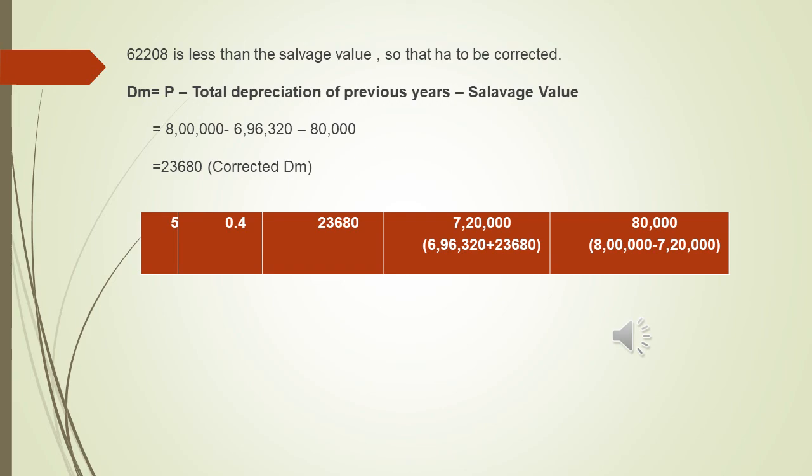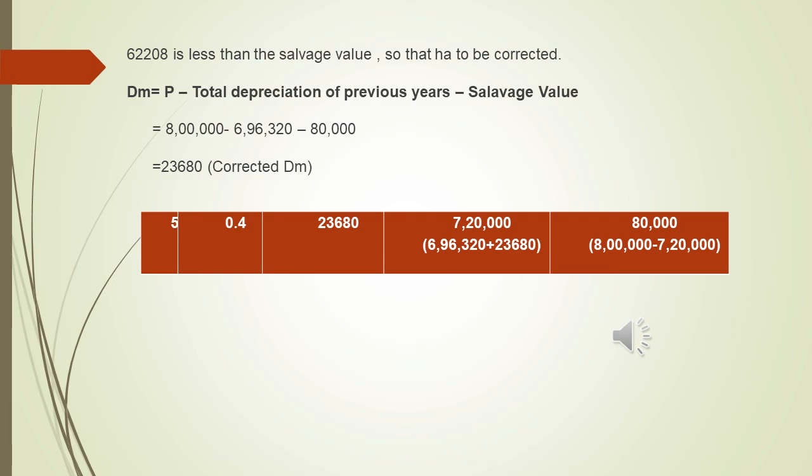To correct that, you need a new DM to substitute in that. So how are you going to calculate? We have one standard formula to calculate that. That is P minus total depreciation of previous years minus salvage value.